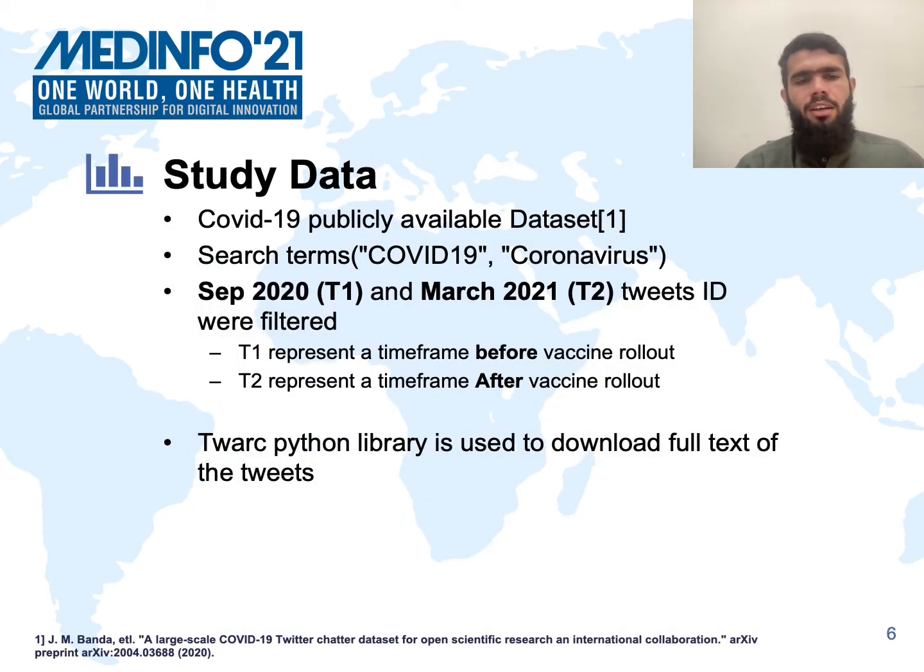Now, study data. For this paper we utilized a publicly available dataset. The author of this dataset has been continuously downloading COVID-19 related tweets since March 2020, and after each week he updates his GitHub repo with new tweets.